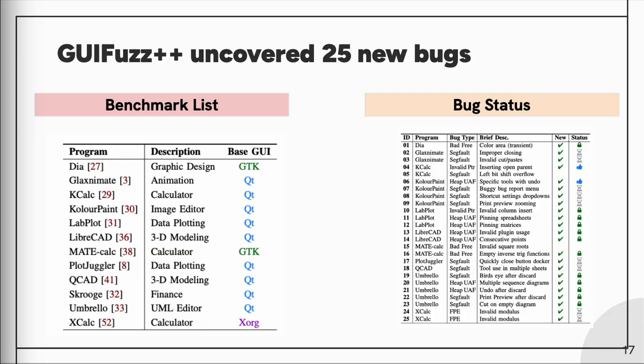To deduplicate the bugs, the authors used address sanitizer based stack trace bucketing. So this makes the deduplication process manual rerun and identification for each of the crashing cases. And of the 25 crashes, 23 were brand new bugs that had never been reported. And then these bugs were found in 11 of 12 tested benchmarks.